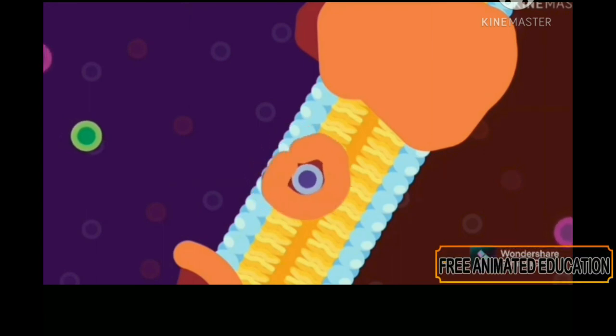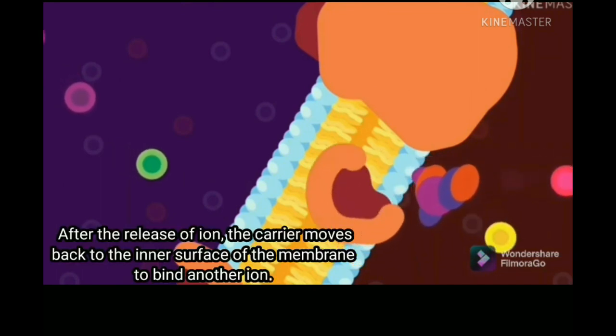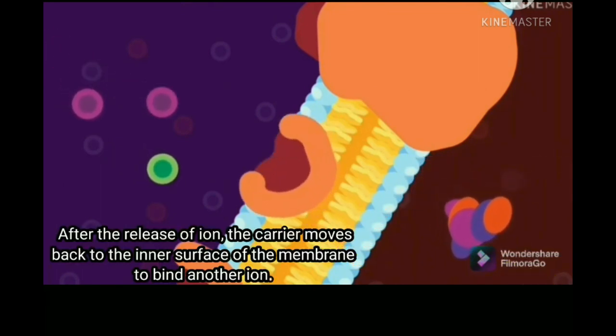The carrier-ion complex passes through the membrane. When it reaches the inner side of the membrane, the carrier molecule changes its conformation and releases the ion. After the release of the ion, the carrier moves back to the outer surface of the membrane to bind another ion. The binding of the ion and its release both require energy, which is provided by ATP.